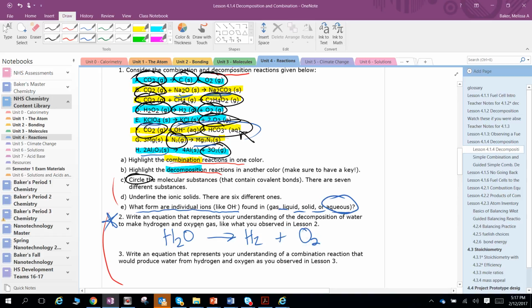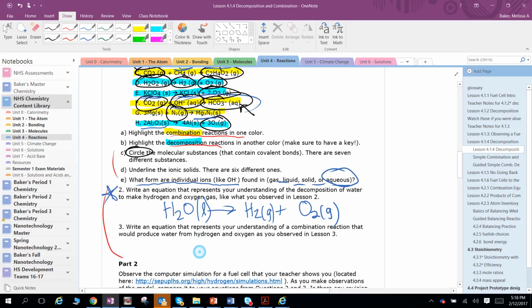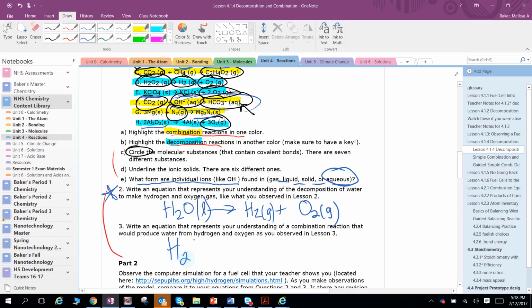And we can be a little bit better now because we can label liquid and gas. And then vice versa, what about the combination reaction? We take hydrogen gas and oxygen gas and we make water.